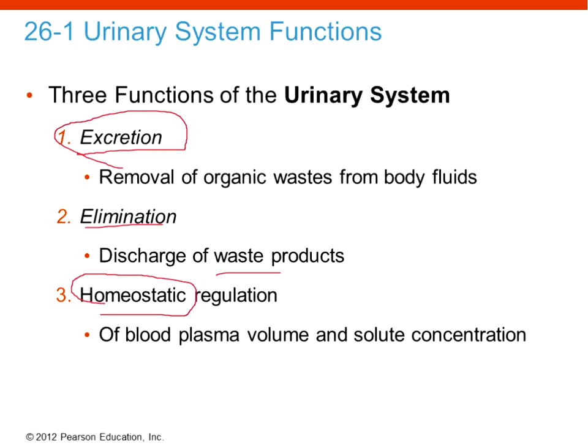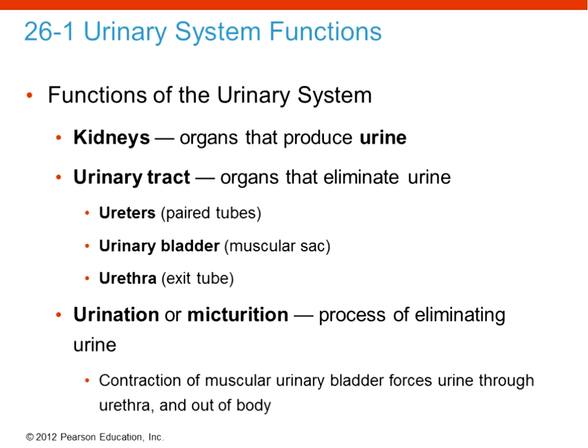And so you get a lot of blood flow going to the kidneys, and the kidneys are basically producing a filtrate, which is urine, which can contain waste products and water, but also help to maintain homeostasis within your blood. So that's really important, obviously. So those are our functions.